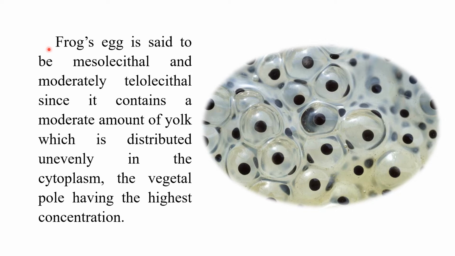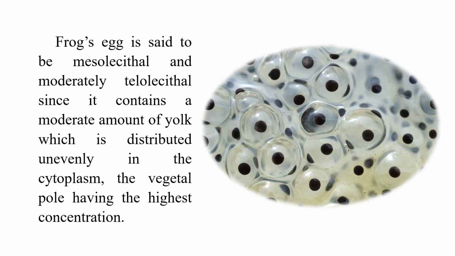The frog's egg is said to be mesolecithal and moderately telolecithal, since it contains a moderate amount of yolk which is distributed unevenly in the cytoplasm, with the vegetal pole having the highest concentration. So detailed classification of ovum, including the amphibian ovum, has been discussed in the 13th and 14th session of the same paper.